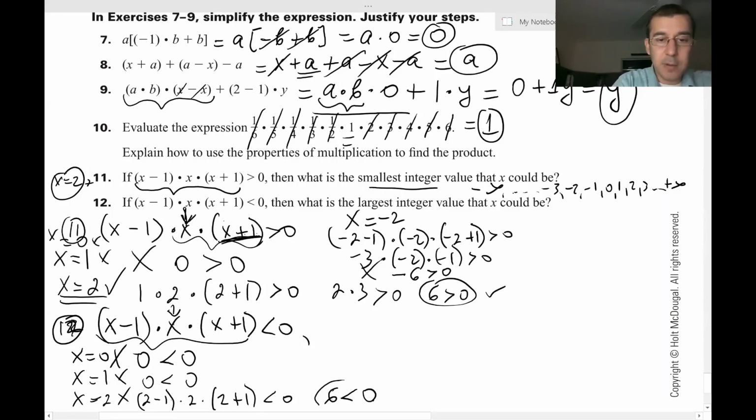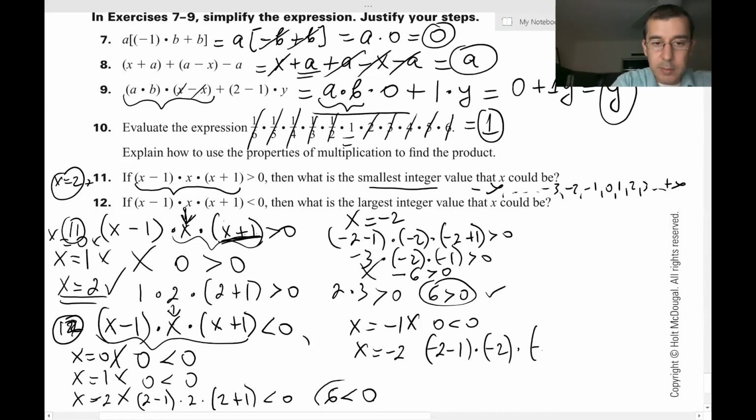So let's try negative numbers. So what if x is minus 1? Well, minus 1 plus 1 is 0, so we end up with 0 is less than 0. That doesn't work either. Let's try with negative 2. Well, negative 2 minus 1 times minus 2 times minus 2 plus 1 is less than 0.